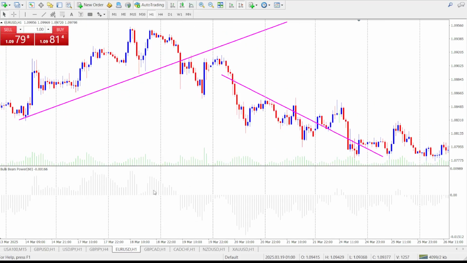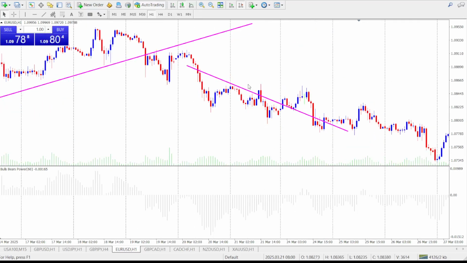But when you notice that the bars flip to the downside below the zero level, you should just exit your buy trade. You can see that there was even a breakout from this bullish trend line and a retest. So it was an additional confirmation to exit your buy trade and enter a sell.